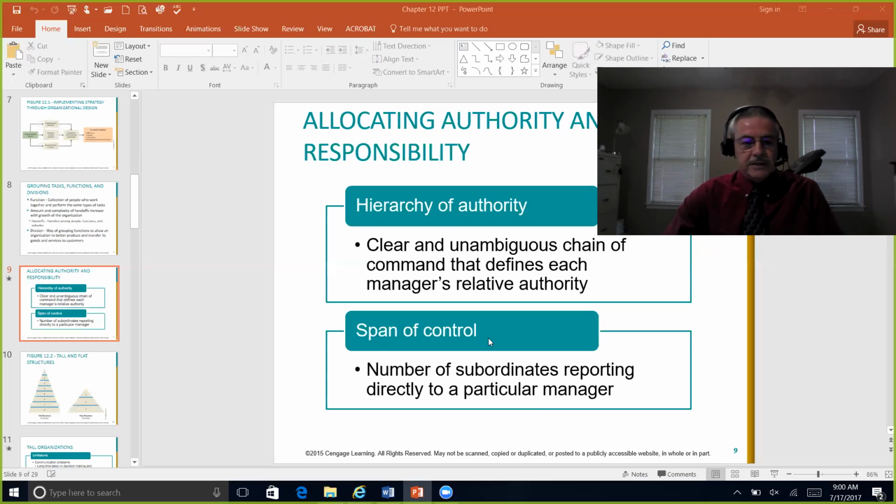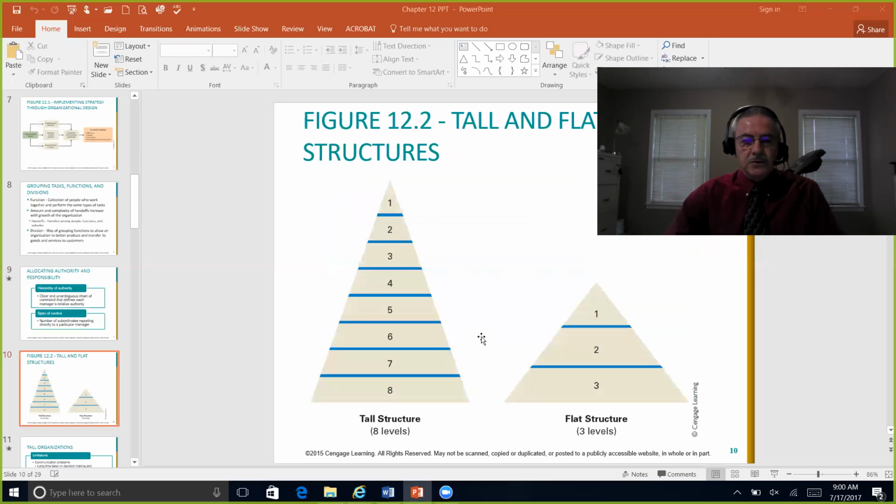And most organizations today, which I know you have studied already, deal with whether it's going to be a tall or flat structure. This is figure 12.2 over on page 400. A company must choose the number of hierarchical levels they're going to need in order to ensure their distinctive competencies are being maximized, that's creating value on a daily basis.